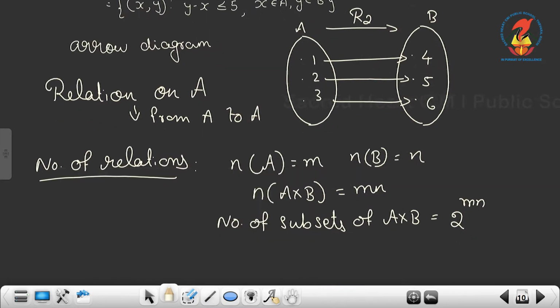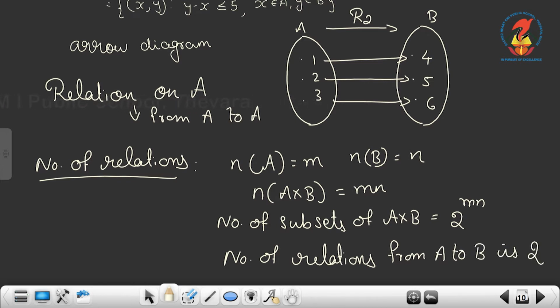Okay, all subsets are relations, so we can say that number of relations from A to B is 2 raised to mn.